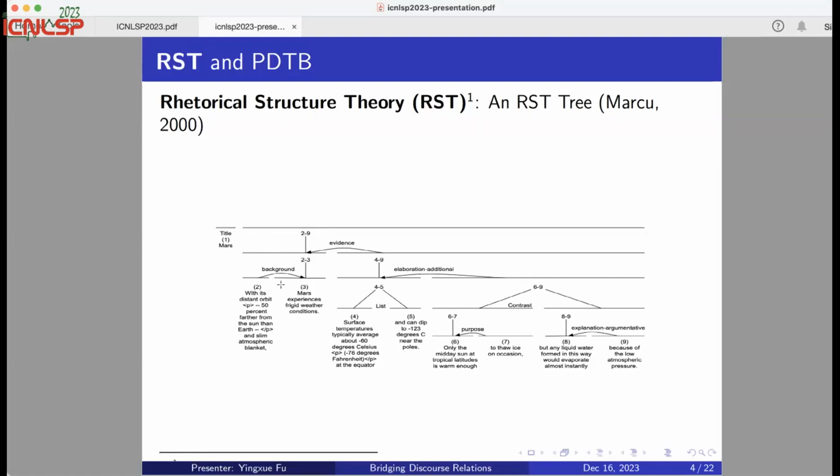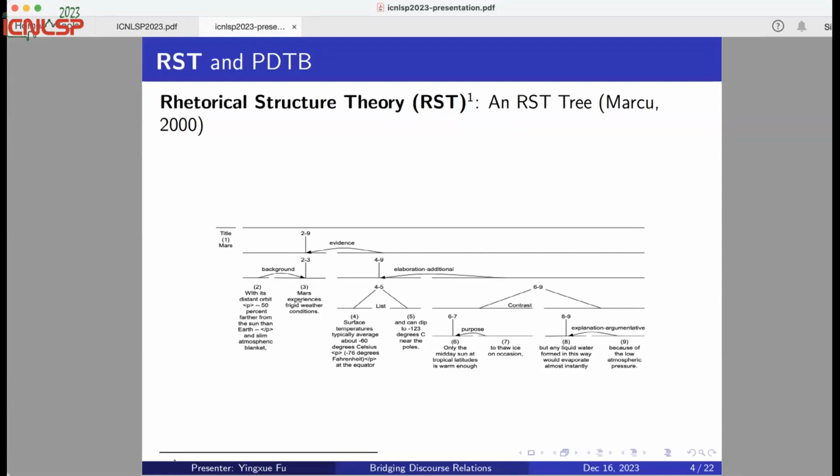As you can see here, the relation that connects 2 and 3 will be represented by an arrow that points from 2 to 3. And the arrowhead points to 3. It means that this is an asymmetric discourse relation, and the meaning shown by EDU 3 is more important than 2. And if you remove segment 2, you can still get the gist of this text without losing much information.